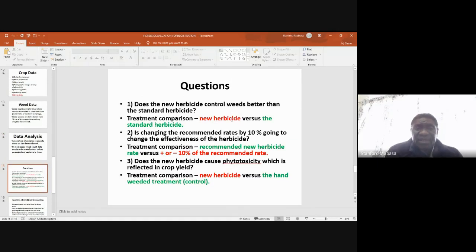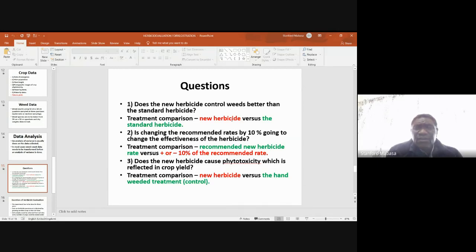Now I want to look at the sort of treatment comparisons. These have to follow from the questions which are linked to the objective or objectives. Number one, for example, does the new herbicide control weeds better than the standard herbicide?